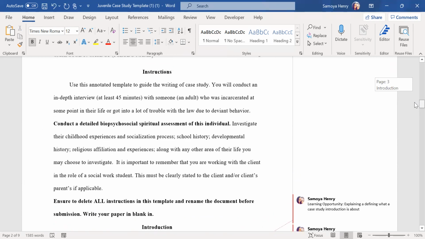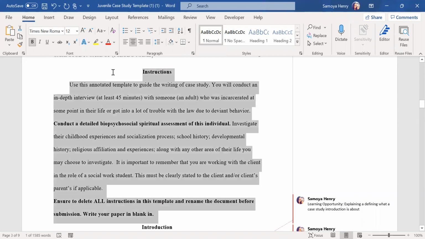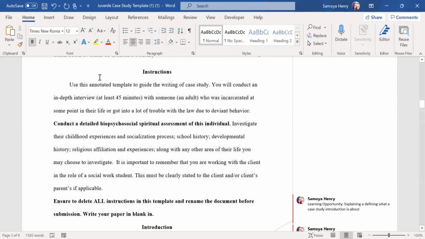Then we are moving to the instruction. This instruction must be removed by highlighting and pressing delete or backspace. This annotated template is used to guide the writing of your case study.